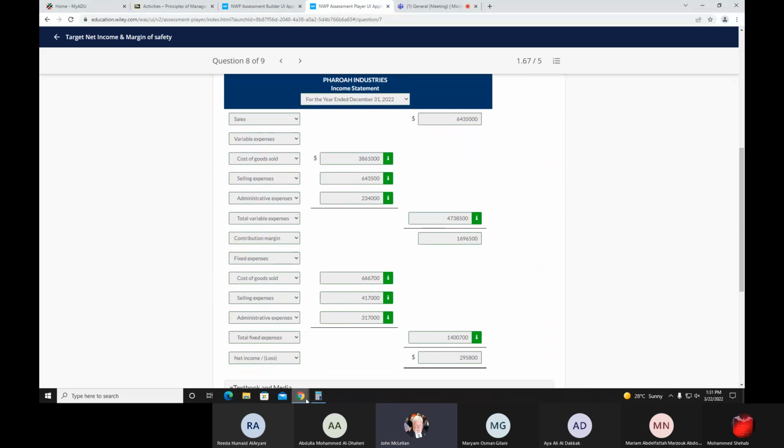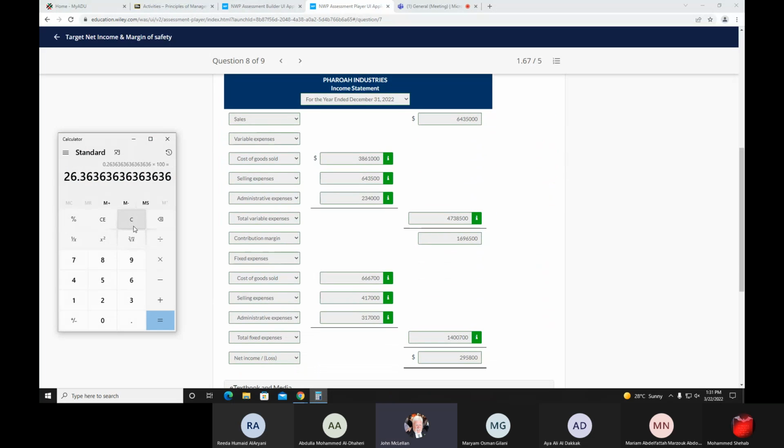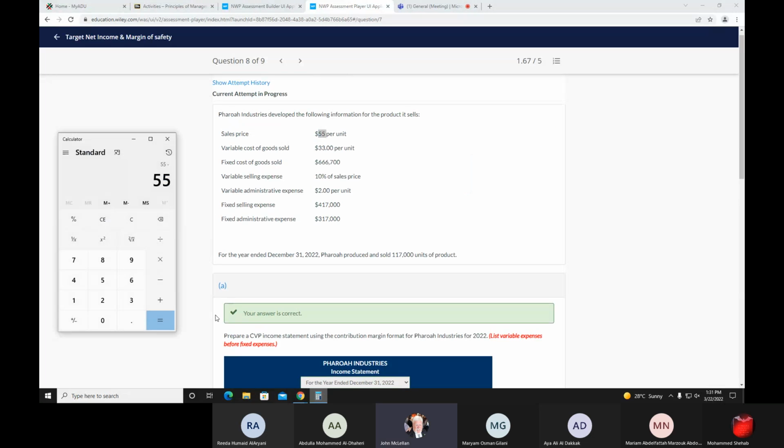Selling price 55 minus the variable cost, minus 33, minus 5.5, which is 10% of the selling, minus 2. There's my contribution margin per unit, $14.5. You don't need the ratio.